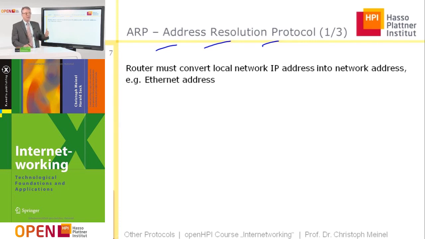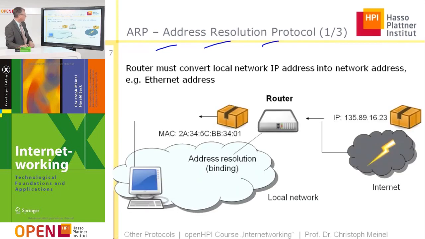So for example, if we have a computer inside an Ethernet and we know its local IP address, then the router wants to know the Ethernet address to forward the packets.